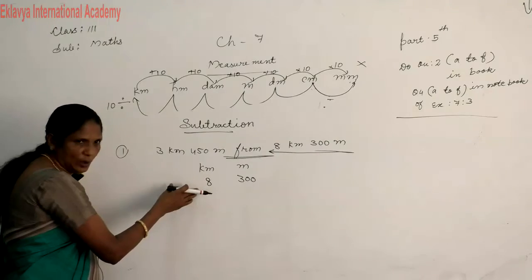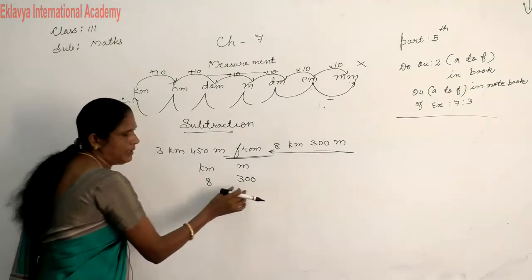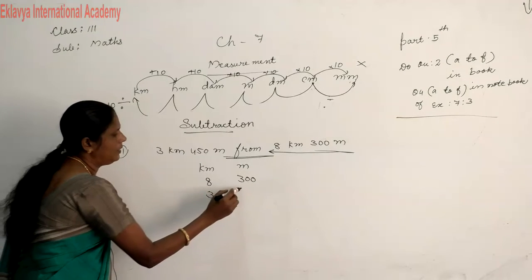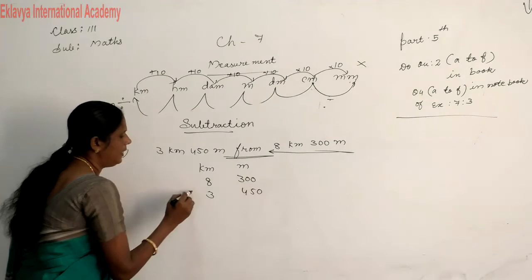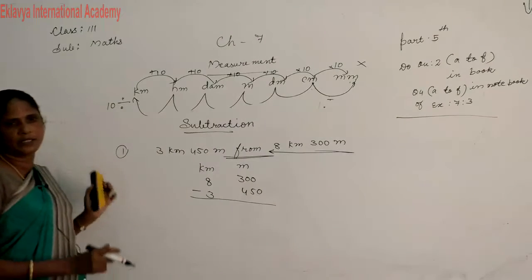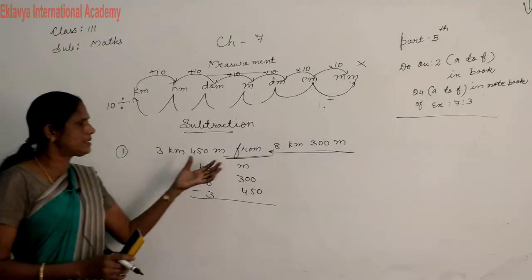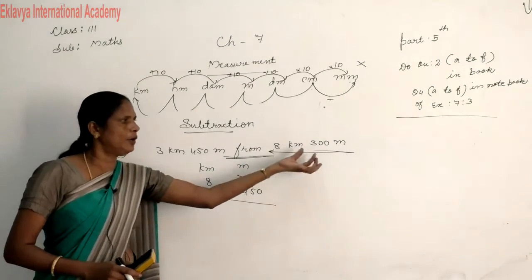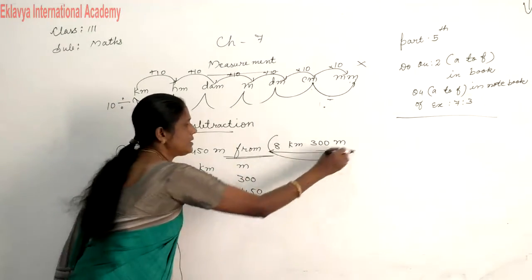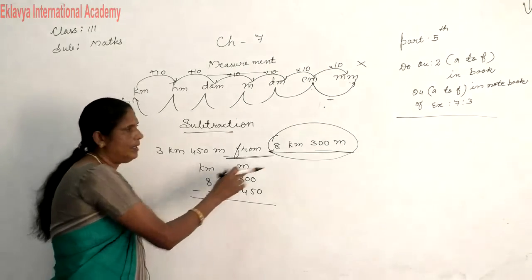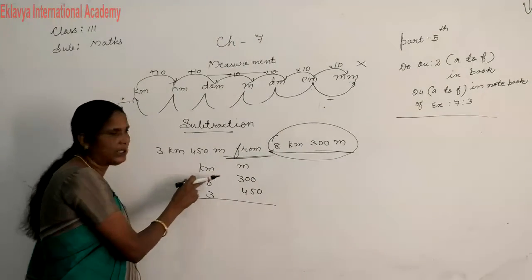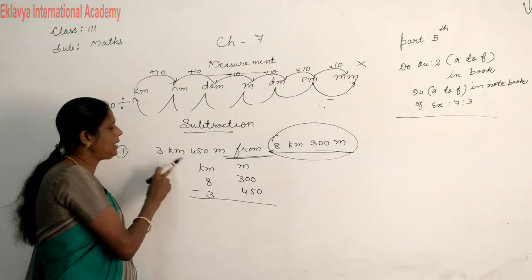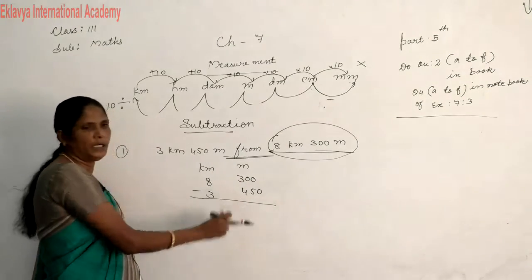Kilometer we write in the kilometer place, meter in the meter place. Then this number, we write 3 and 450. Now we subtract these numbers. Understand? "From" comes in the question, therefore the second number, 8 kilometer 300 meter, comes first, then minus 3 kilometer and 450.